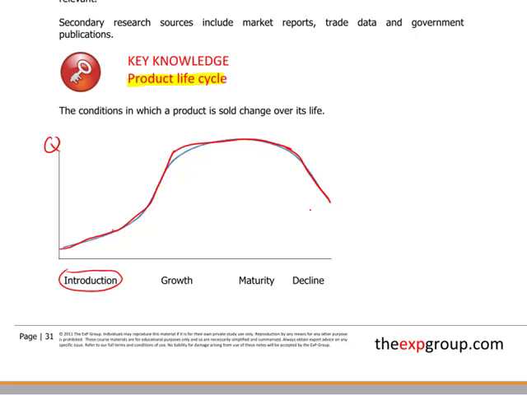A good example of an item which is in the introduction stage is 3D television. 3D television has been advertised around the world. It's a new product, so the product life cycle is very much at the introduction stage. And if you imagine the 4 Ps within the introduction stage for 3D televisions, well, price is going to be quite high.